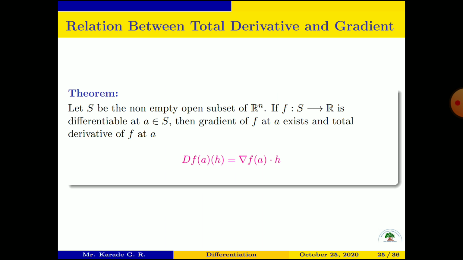Let capital S be the non-empty open subset of Rn, and if f from S to R is differentiable at A belongs to S, then gradient of f at A exists, and the total derivative of f at A is given by derivative of f at point A in the direction of h is equal to gradient of f at A dot product with vector h.